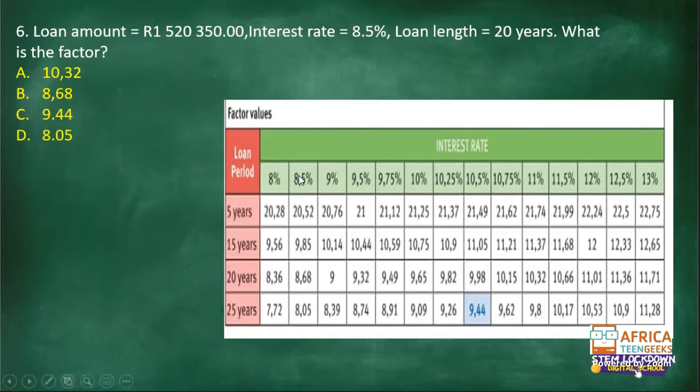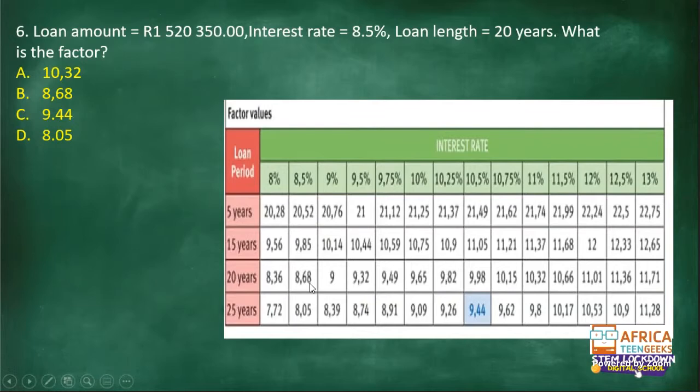We look at the interest there, which is 8.5%, as you can see in our table. We are running here from 8% right up to 13%. So our interest rate in this case is 8.5%. For a period of 20 years, our factor value will be 8.68.